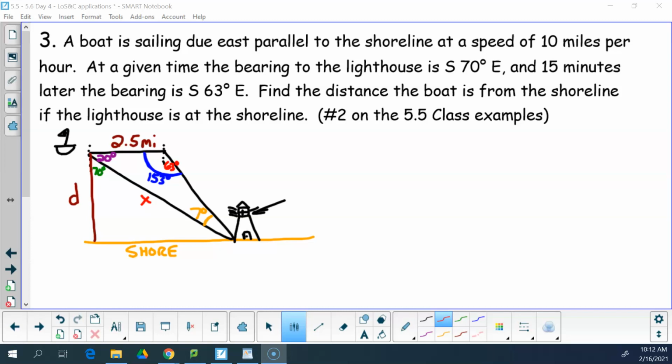When I was doing this last hour, I found the big long side X. We could have also found the other side Y. You got to find one of the two sides. Doesn't matter which one you find.